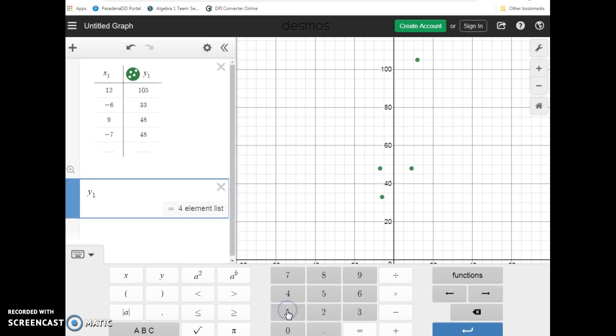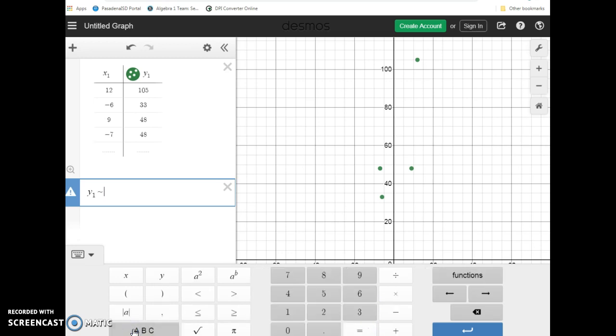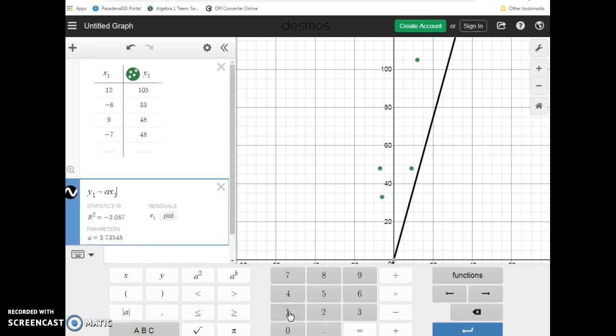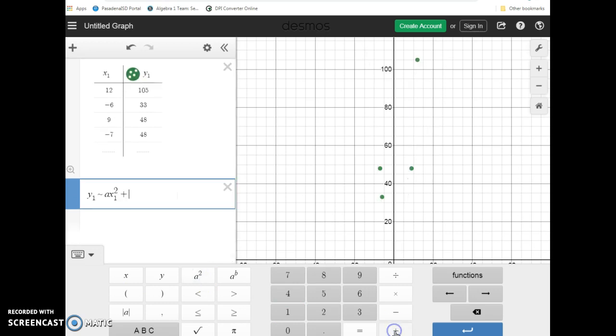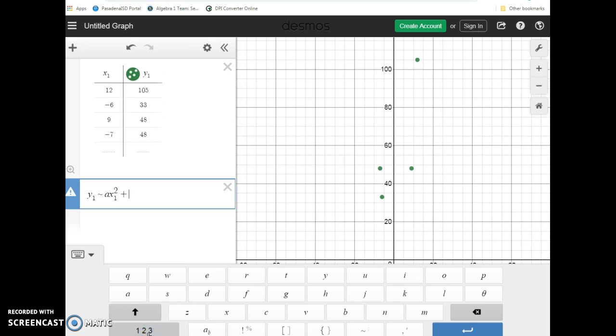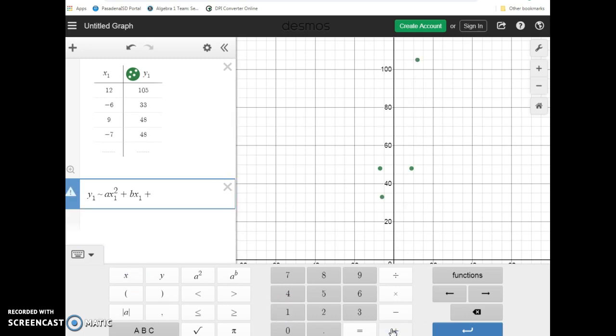Y1. Approximately, you have to go to the alphabet. And it's down here at the bottom, right beneath B and N. Approximately, ax1 square plus bx1 plus c.